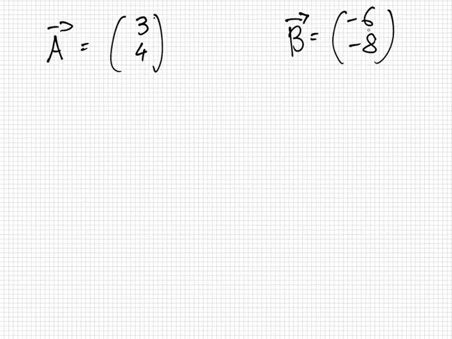What I want you to do is get me the magnitude and direction of both of these vectors. It will be helpful if you want, you can draw it, but I don't need you to. I want the magnitude and the direction.